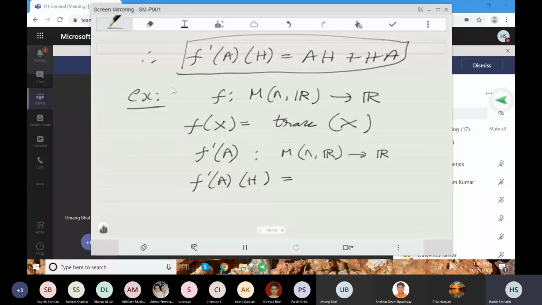It doesn't depend on which point you take the derivative at. You'll get the same linear map at whatever point. So this is just trace of h. And you can see this directly also. Whatever I did in the previous example, you can do here and get this.